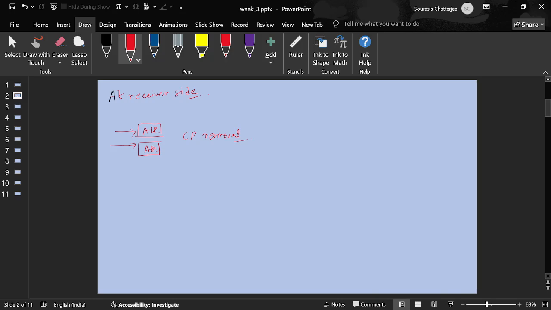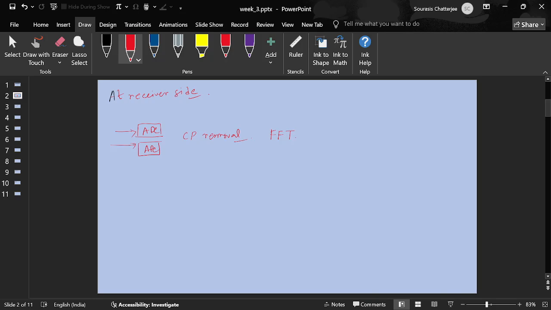And what is our next task? FFT. And why do we need FFT here? To obtain frequency analysis.